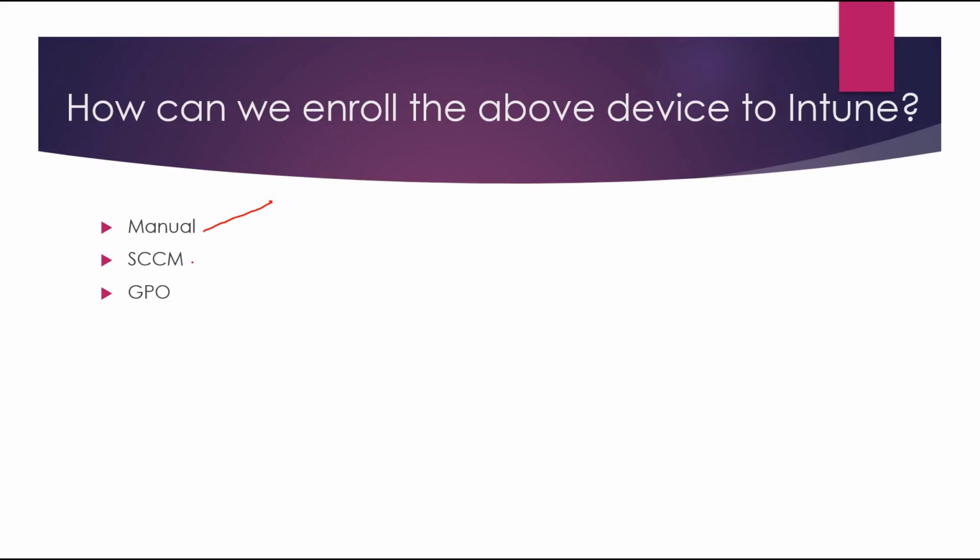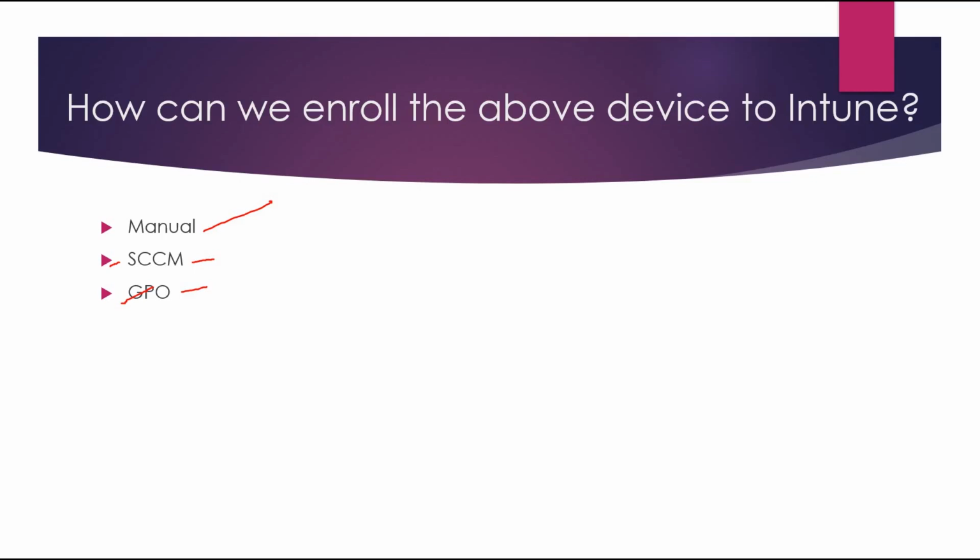One is using SCCM and the second is using group policy. Again, if you want to enroll a device using SCCM, the device needs to be hybrid Azure AD joined, and the demonstration of that is already there under the co-management nugget. You might want to take a look at that. But under this nugget, I will demonstrate how we can do automatic enrollment of a device to Intune using group policy.